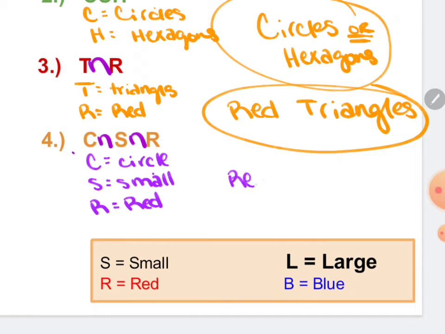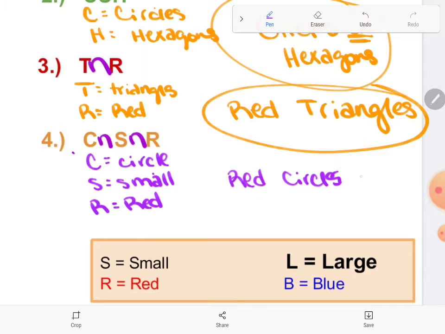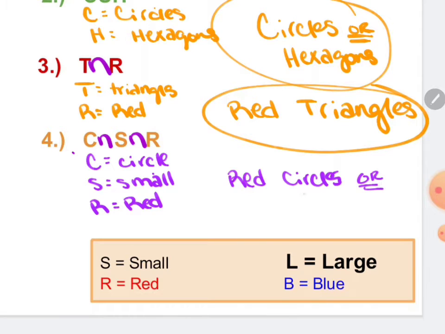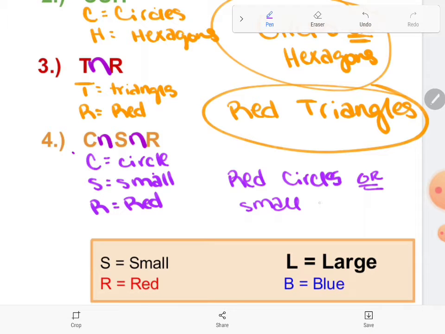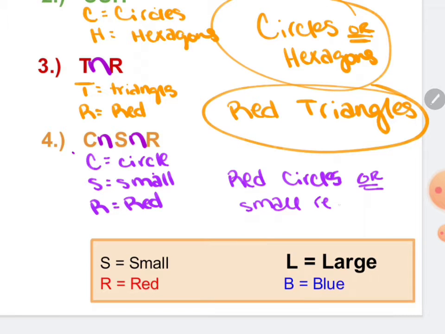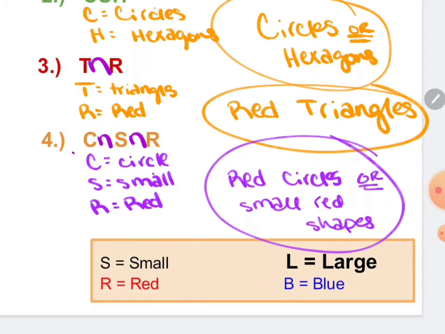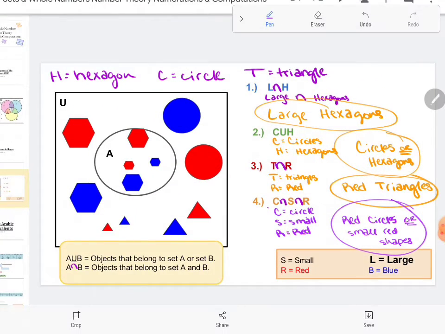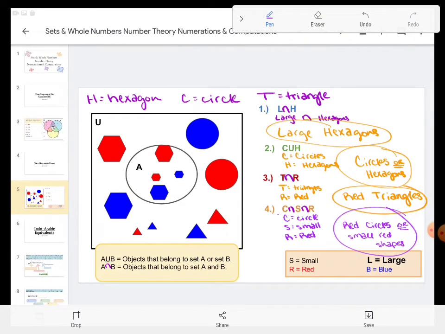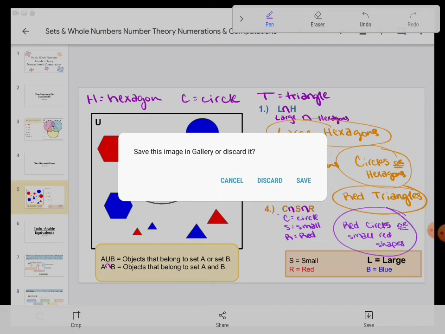So red circles or small red shapes. And that's the end of our second problem. It's actually very simple, very easy to follow along with.